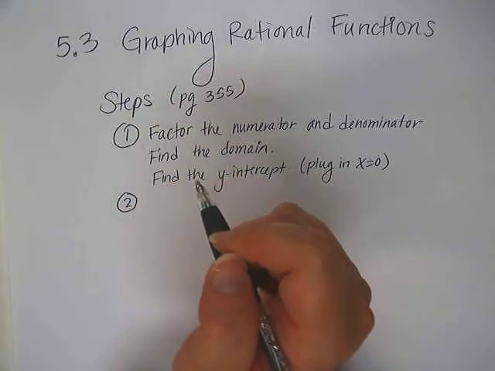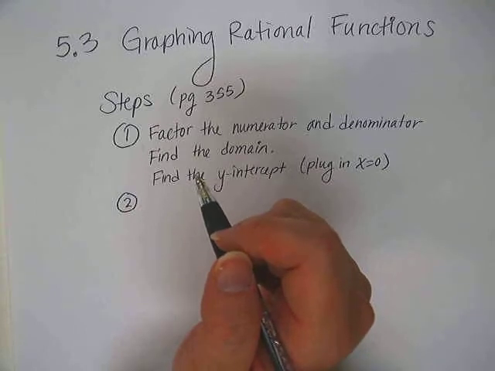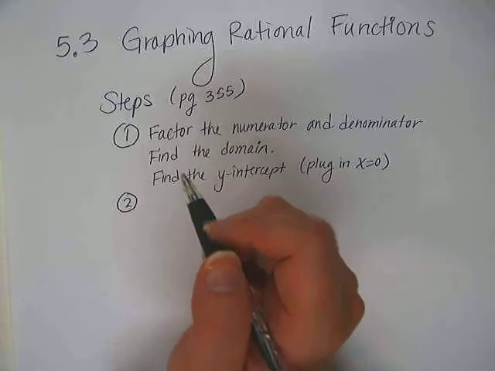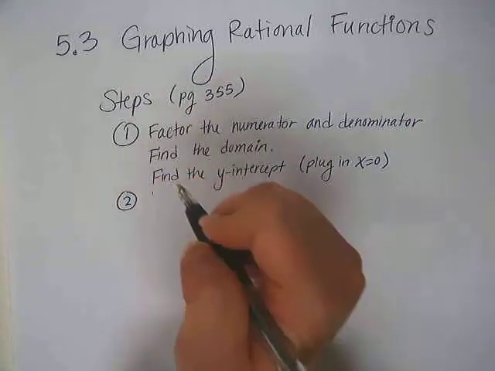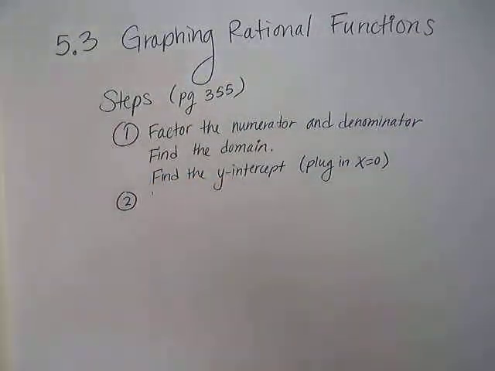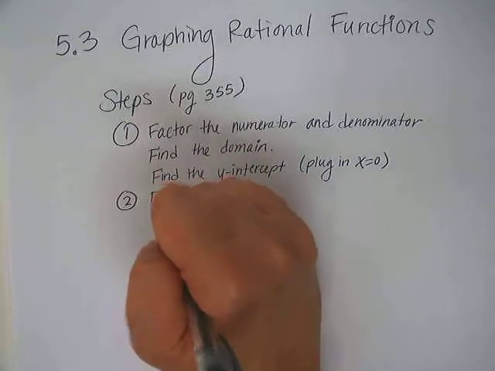Okay, step 2. Remember how the definition of a rational function is that you have a polynomial function on the top and a polynomial function on the bottom? Remember that? Does that sound familiar at all? So in our last chapter, we learned how to find zeros of a polynomial function, right?